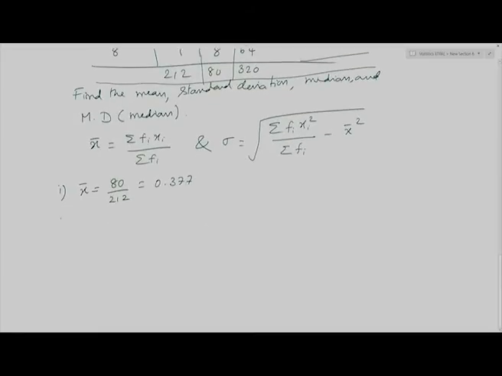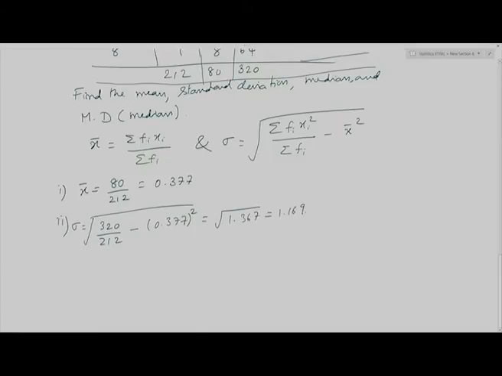And the second one, the standard deviation: sigma is equal to the square root of 320 by 212 minus the x bar square, which is the square of this number, and which is equal to the square root of 1.367, which turns out to be 1.169.